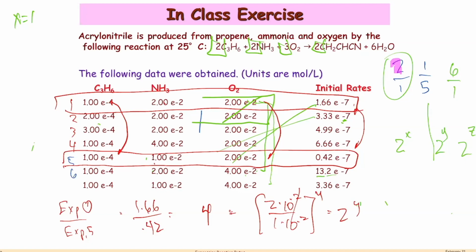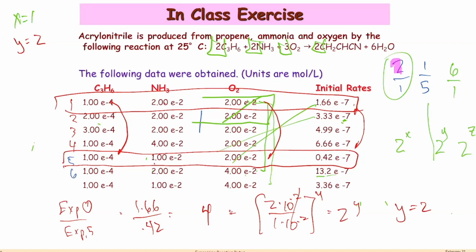What 2 times what order equals 4? y has got to be equal to 2. You can do that off the top of your head. Now I know y is equal to 2. It's that easy. You can really do the problem by inspection when the numbers are clean.